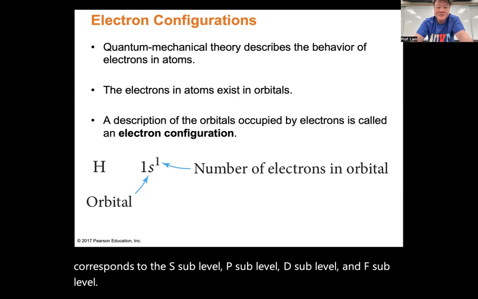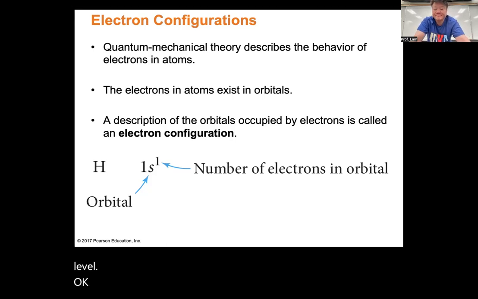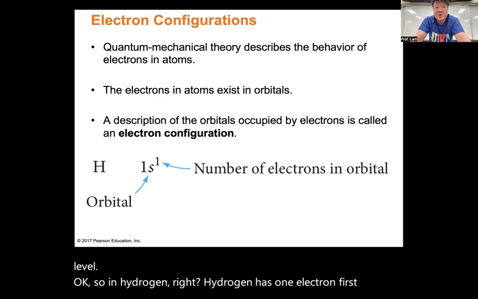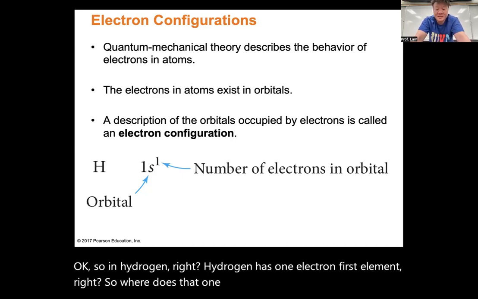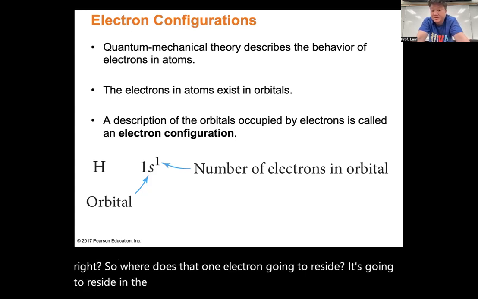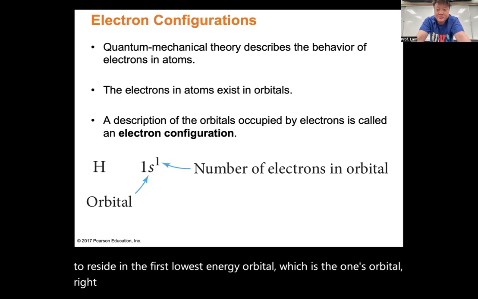Okay. So in hydrogen, right? Hydrogen has one electron, first element. Where is that one electron going to reside? It's going to reside in the first, lowest energy orbital, which is the 1s orbital, right? We write the number of electrons in that orbital as a superscript on the upper right corner.